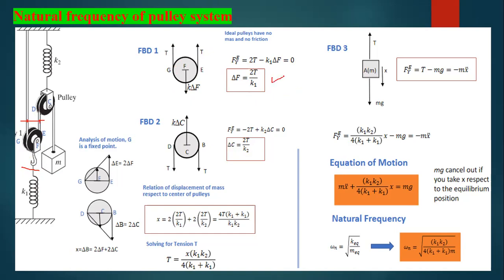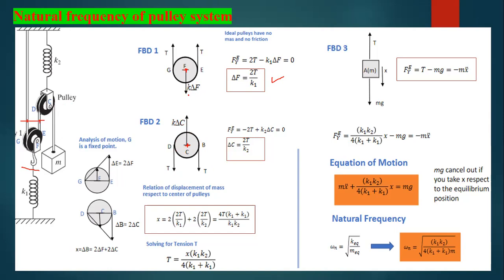From this relation, let's take another section having center C, the pulley center C. Here the pulley mass is not considered. In all cases, the pulley mass is not considered. Here 2T is downward and K delta C is upward.